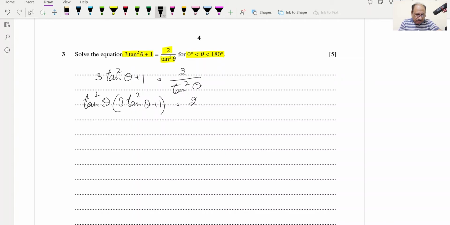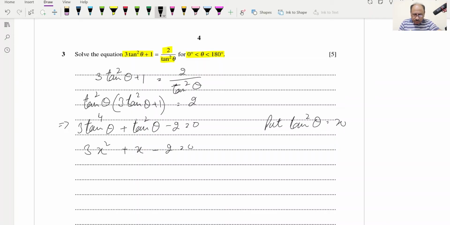And this implies 3 tan to the power 4 theta plus tan squared theta minus 2 is equal to 0, so we have shifted the 2 to the other side. Now we can put tan squared theta equal to x, so it will be 3x squared plus x minus 2 is equal to 0.